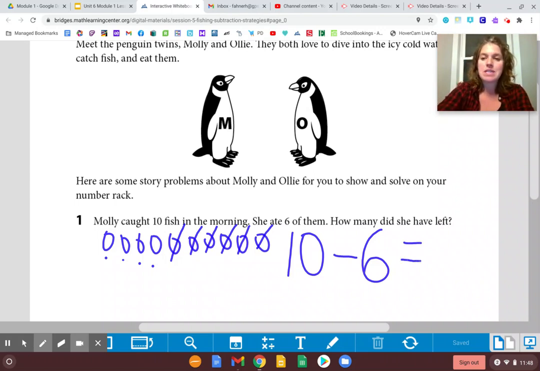How many did we say were still left? 4. So you should have a picture, or be using your number rack to solve that. You pull 10 over and take the 6 away. And then we should have our equation, 10 minus 6 equals 4.